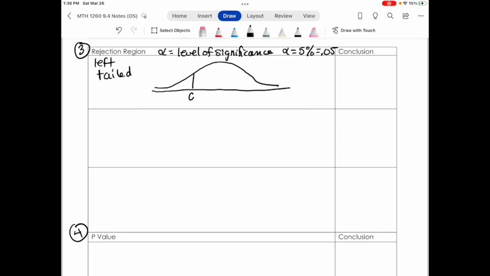Since our level of significance is 5%, I want to find this critical value here. I'll label it generically as C for critical value for right now, so that the area under the graph to the left, because we're doing a left-tailed test, is 5%. So the rest of this is going to be 95%.